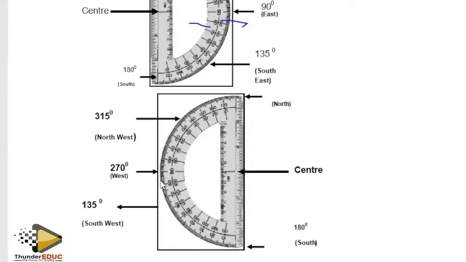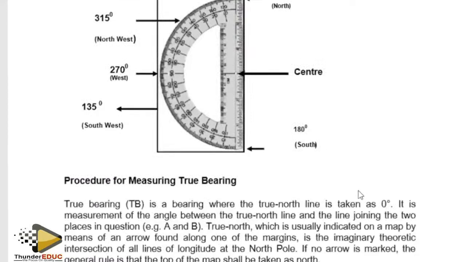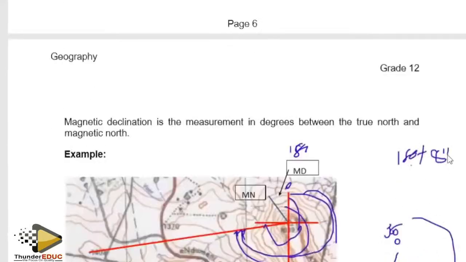That means the one inside is coming from here, going anti-clockwise. But for us, we said we are moving clockwise. So we use the number outside, which is 10, until you reach this line that is joining the two places. The answer you get is what you add. If I add 81, what will I have? I'll have 261 degrees. So 261 degrees becomes the true bearing.